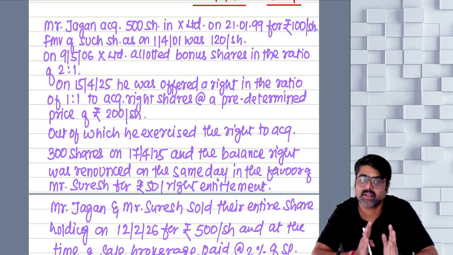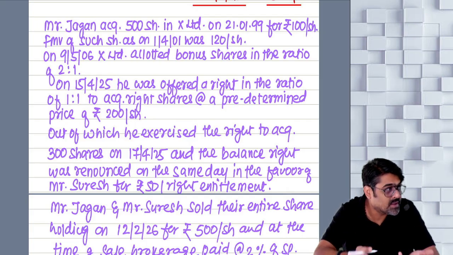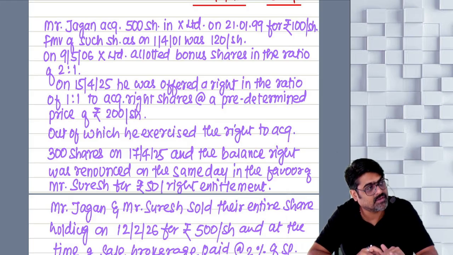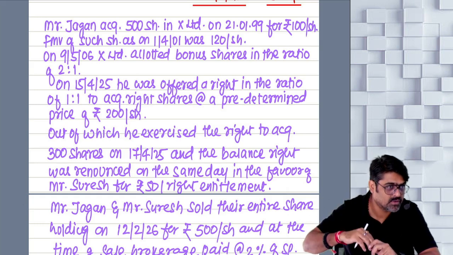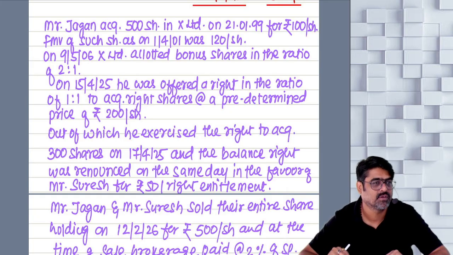So when the right came in your hands, when the company offered the right, you have to exercise this right within how much time? The company will give you some time. How much time? 5 years, 50 years, 100 years? It will be a certain number of days.